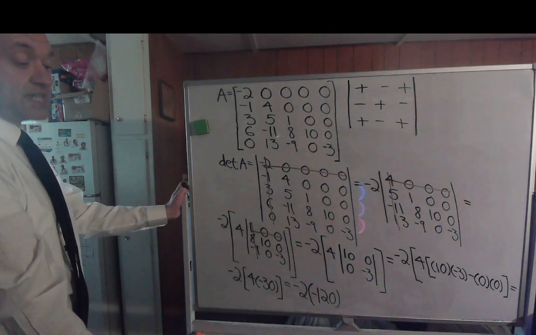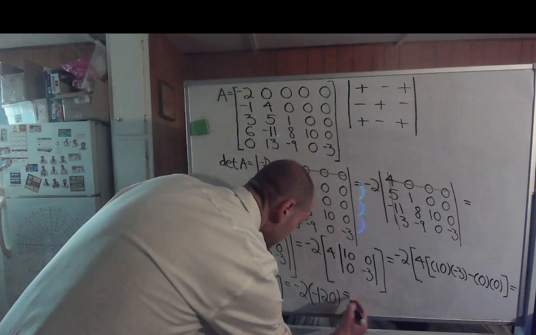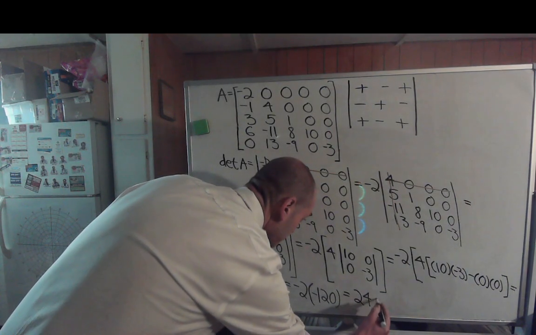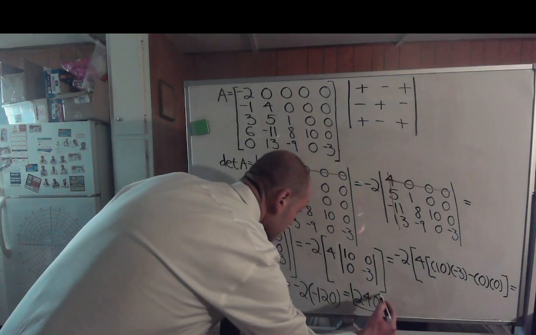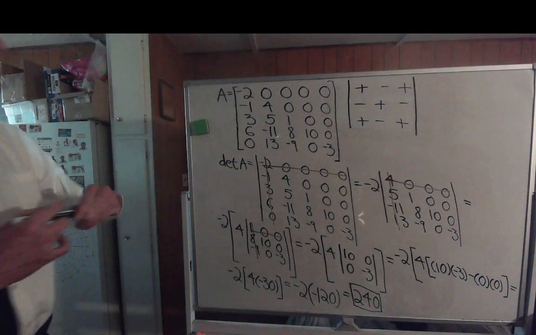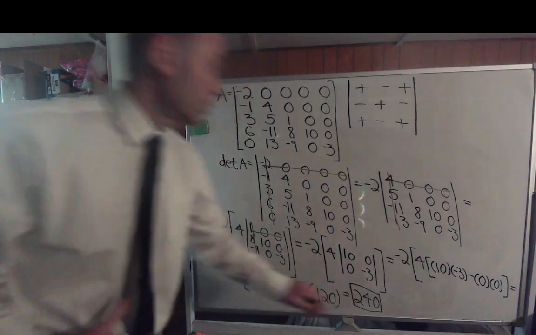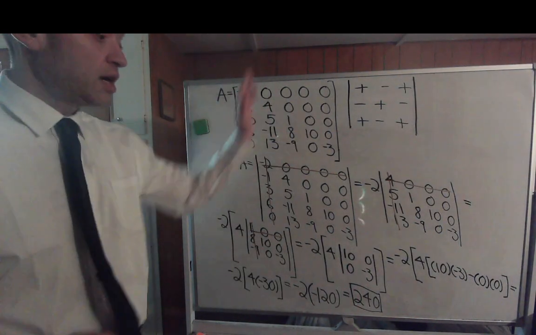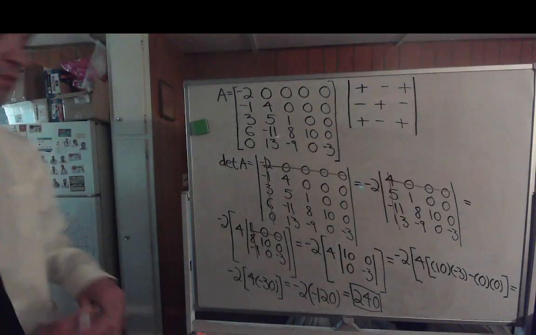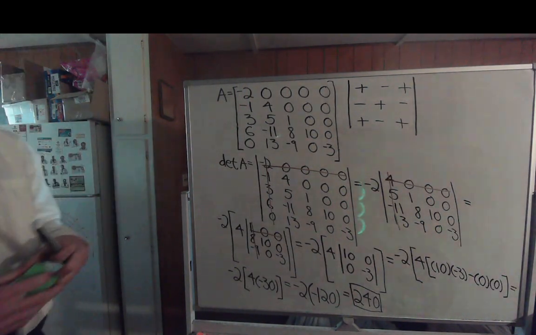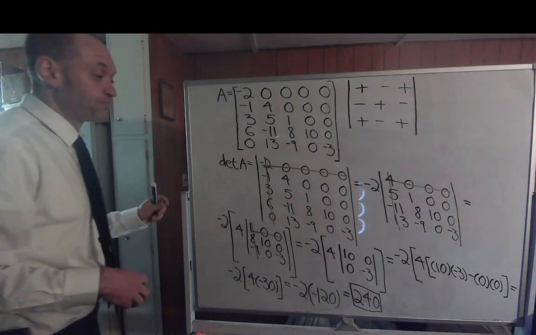Negative 2 times negative 120 gives you positive 240. So the determinant of matrix A ends up being positive 240. Had you picked any other row or column, you would get positive 240. It's just you're doing a lot more work than you need to.